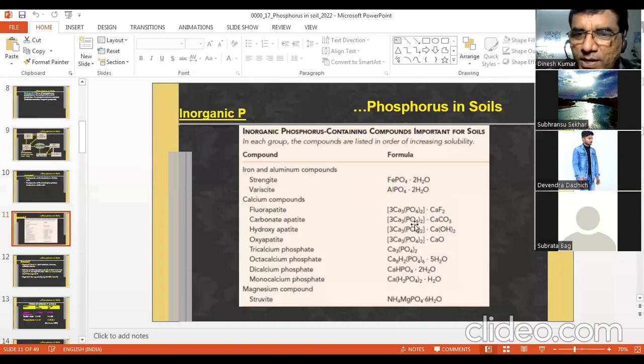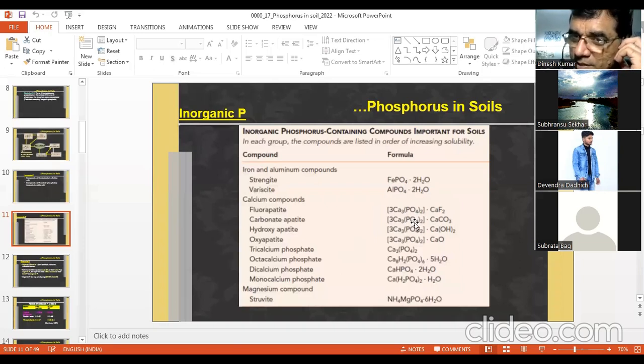Then you get carbonate apatite, 3Ca3(PO4)2·CaCO3. That means 3 molecules of calcium phosphate are joined together, and one calcium is also there, so there are a total of 10 calcium here.